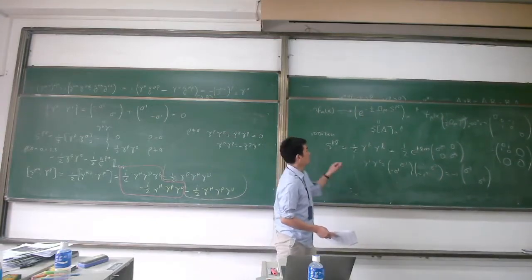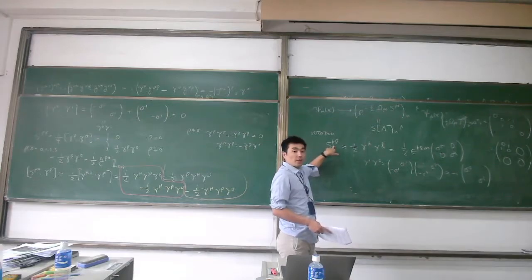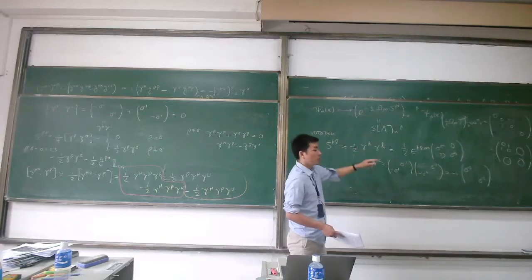So therefore, if you look at the rotational component of this S matrix from Clifford algebra, you get this matrix.